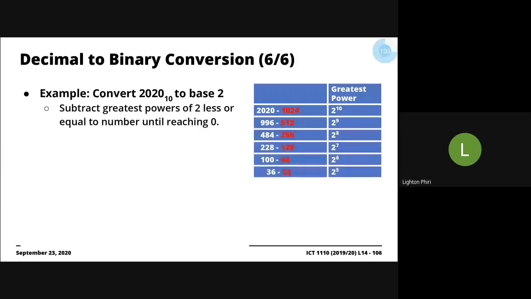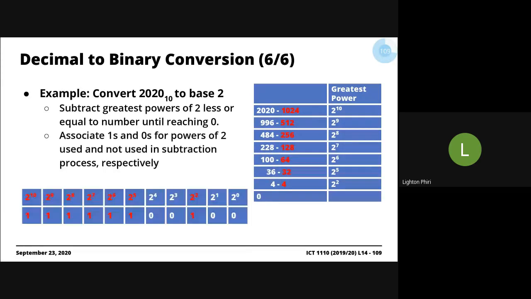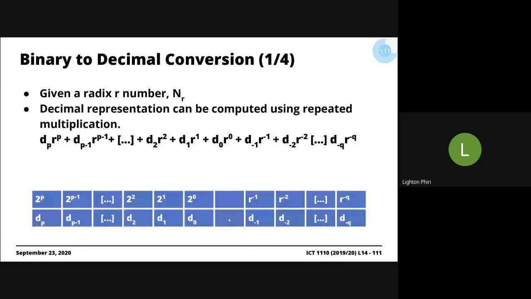and you do nothing more than just repeatedly multiply. Same heuristic as with conversion from hexadecimal to decimal, right? You repeatedly multiply the radix with the binary digits, right? So either 1 or 0.